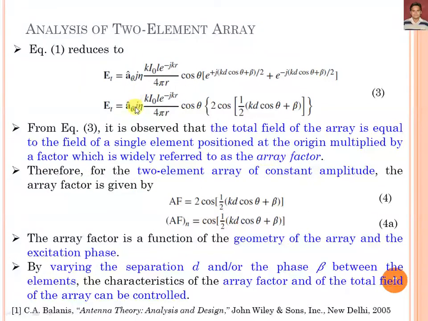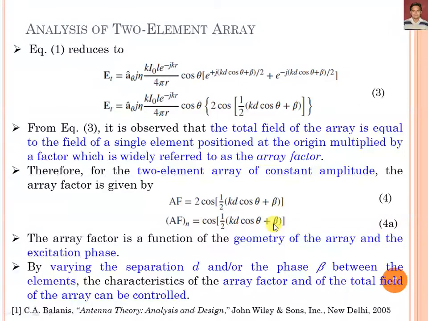Therefore, for the two element array of constant amplitude, the array factor is given as twice cos 1 by 2 of this. So we can calculate the normalized value of the array factor equal to cos 1 by 2 (kd cos theta plus beta). So the array factor is a function of the geometry of the array and the excitation phase. As you can see, it depends on d and beta.